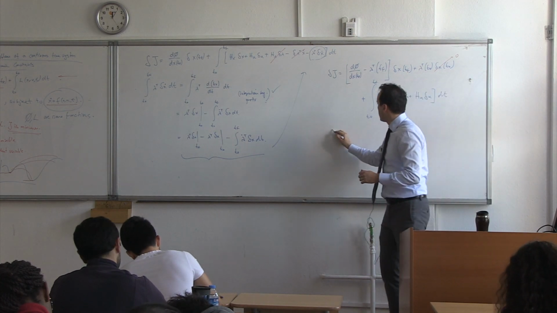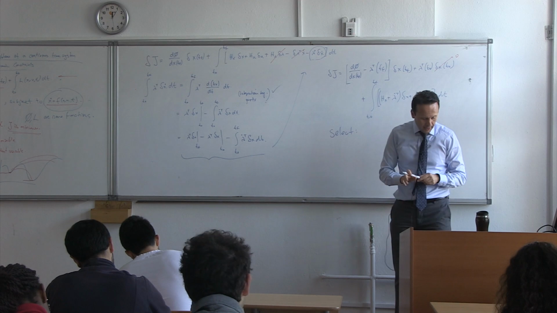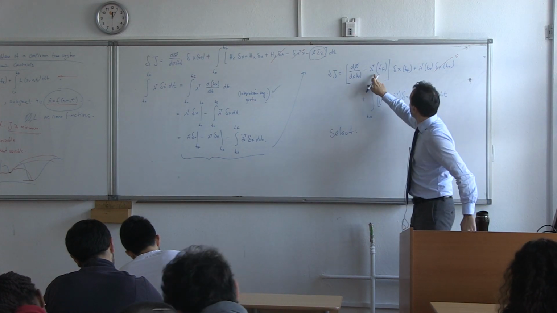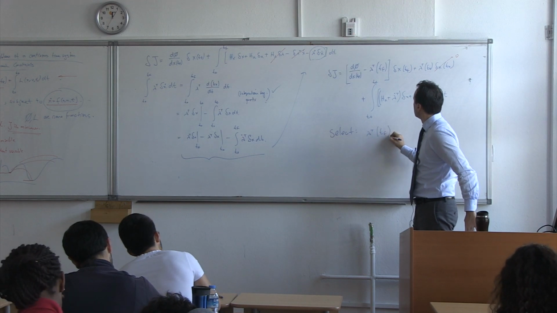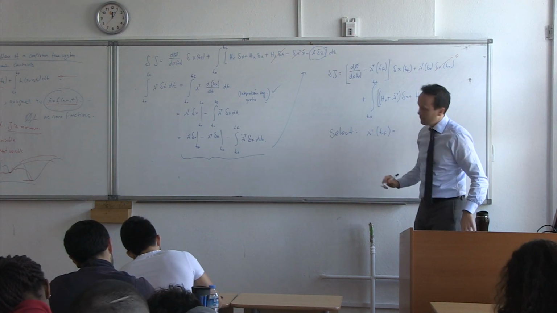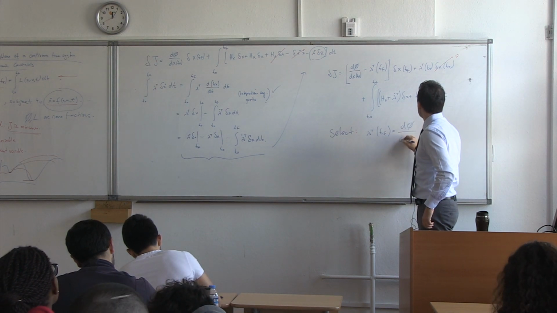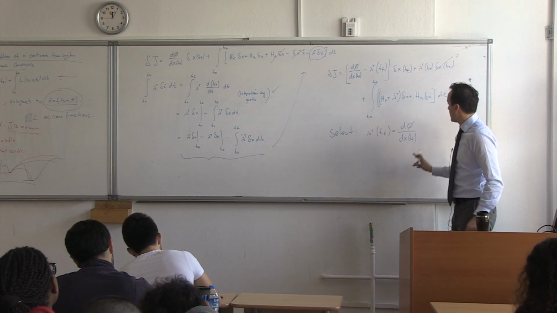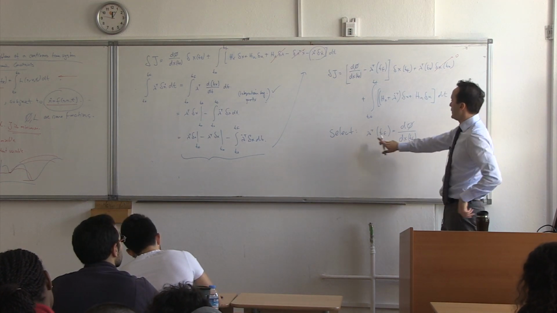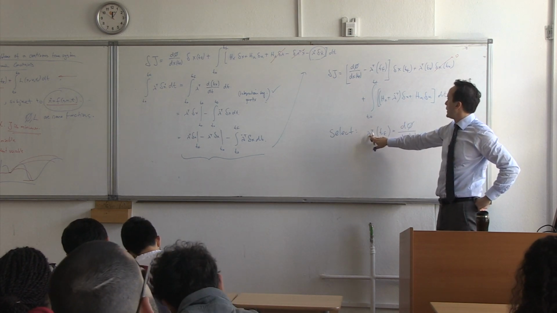Now, let's select the following. Let's say lambda(tf) is equal to this, d phi dx of tf. Let's select it this way. This Lagrange multiplier is what we choose anyway.